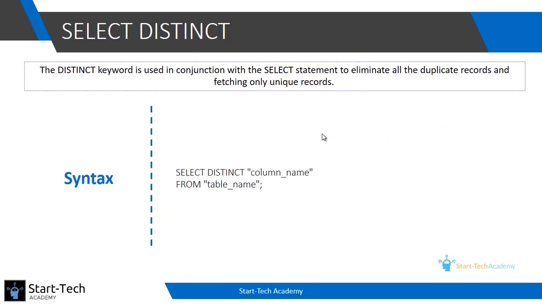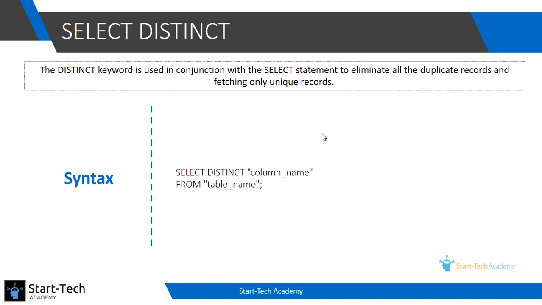In the last video, we learned how to retrieve data from a table, but when we were retrieving the data, all the data from the table was coming, and even if our table had duplicate values, say for example, if two or more customers had the same first name, it would have appeared multiple times.